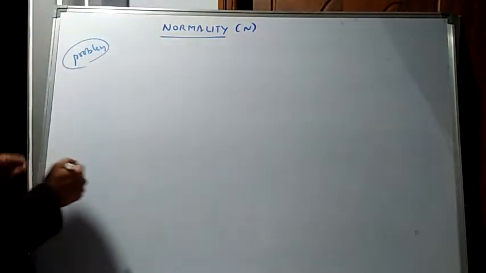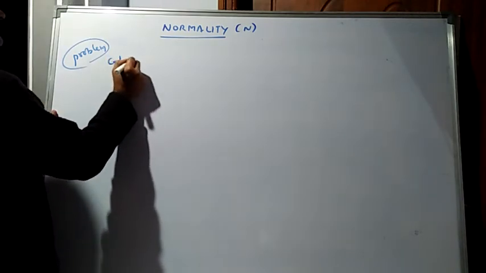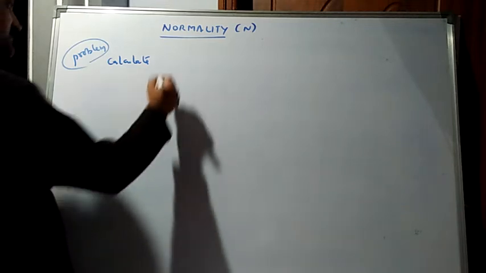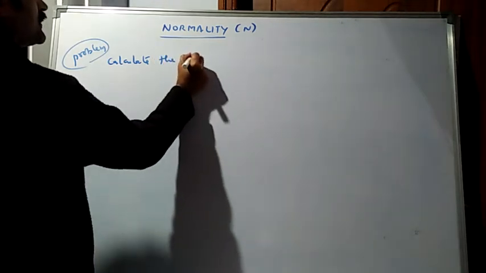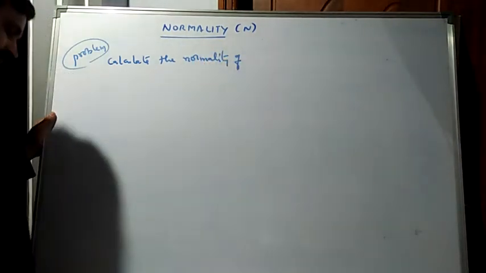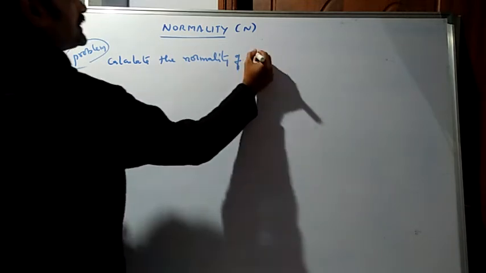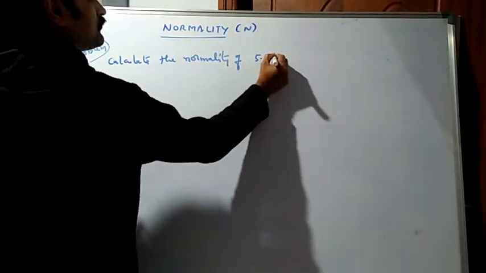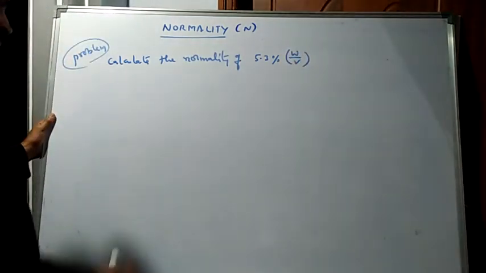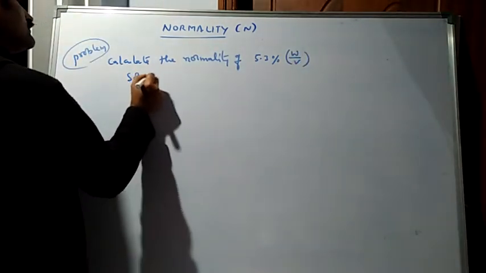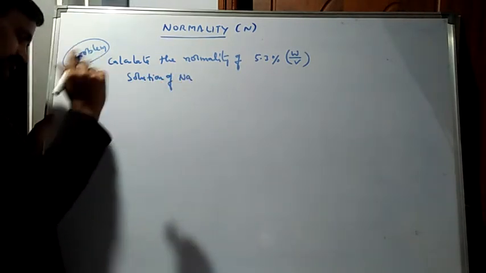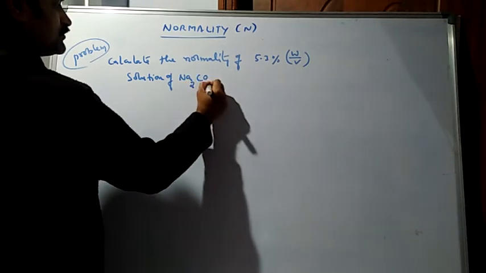Calculate the normality of 5.3% weight by volume solution of Na2CO3.